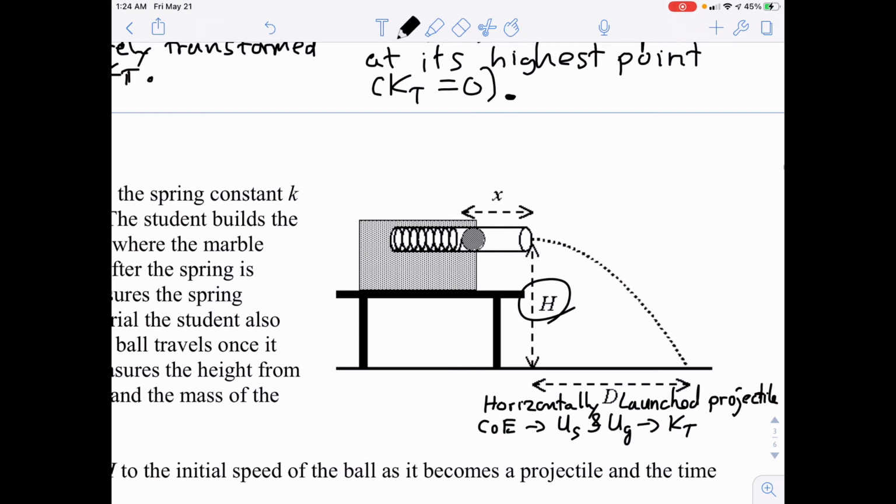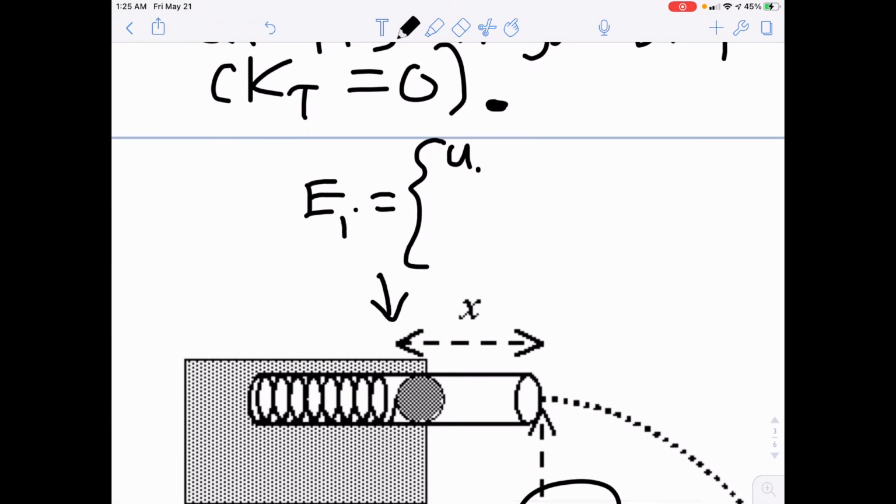So over here, we can designate this as the initial point and call this energy initial. I'm going to designate the gravitational potential energy to be 0 here, because you can make that 0 any place you want it to be.